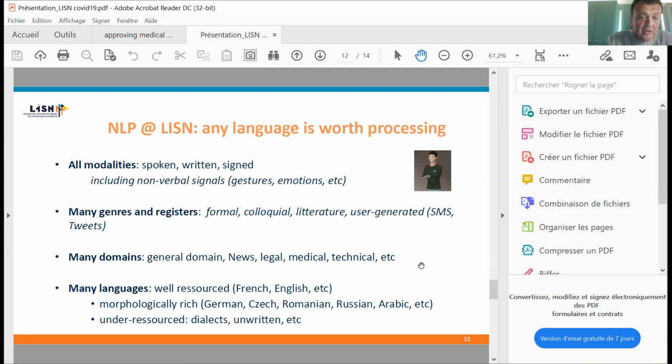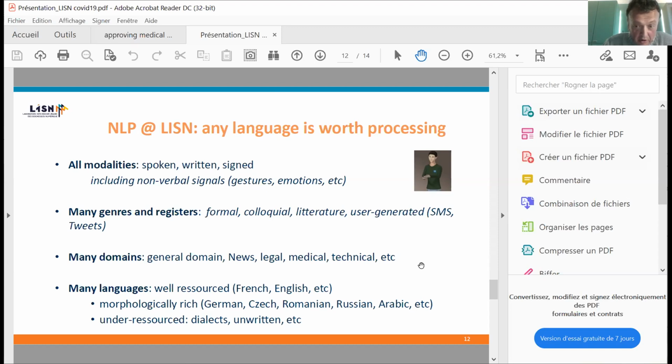And what is very important for our department and in the laboratory in general is that we are dealing with all modalities, all genres and registers, and all domains, and not only the languages which are well resourced, such as French and English, but also under-resourced or even unwritten, endangered languages, African languages.